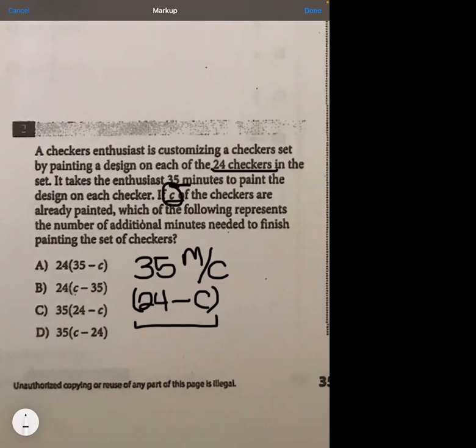If each checker takes 35 minutes to paint, would it be reasonable to multiply by the number we still need to paint in order to get the total number of minutes we need? This corresponds with answer choice C.